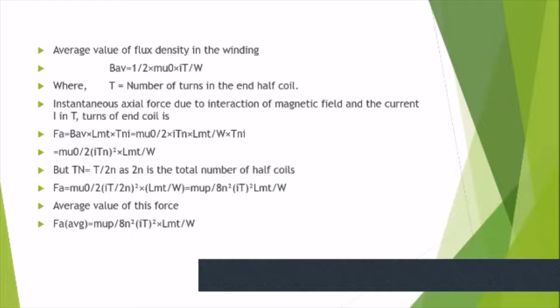So the average value of flux density in the winding is given, where T is nothing but the number of turns in the end half coil. So you can see the expressions related to the axial forces.